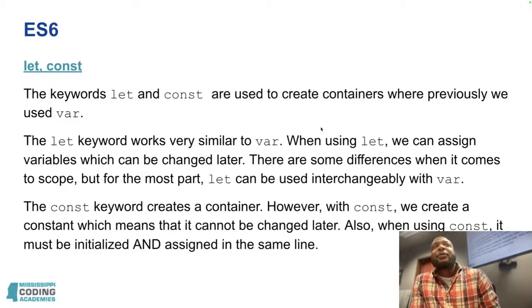The let keyword works very similar to var. When using let, we can assign variables that can be changed later. There are some differences when it comes to scope, but for the most part, let can be used interchangeably with var. The const keyword also creates a container. However, with const, we create a constant, which means it cannot be changed later. Also, when using const, it must be initialized and assigned on the same line.